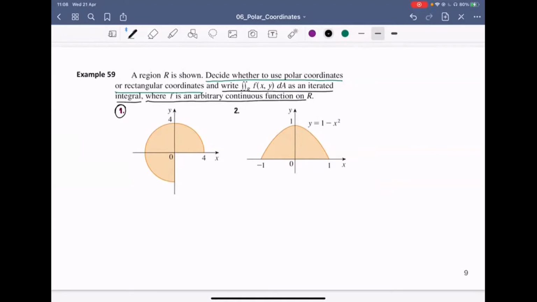The reason you pick polar coordinates is because the region you have here looks like a circle. And you have 3 ways to do it, right? If you use polar coordinates, look at my laser here, it's going to be that.